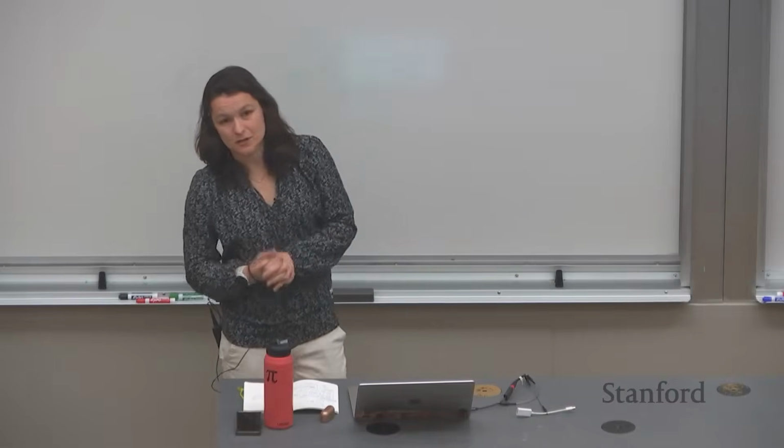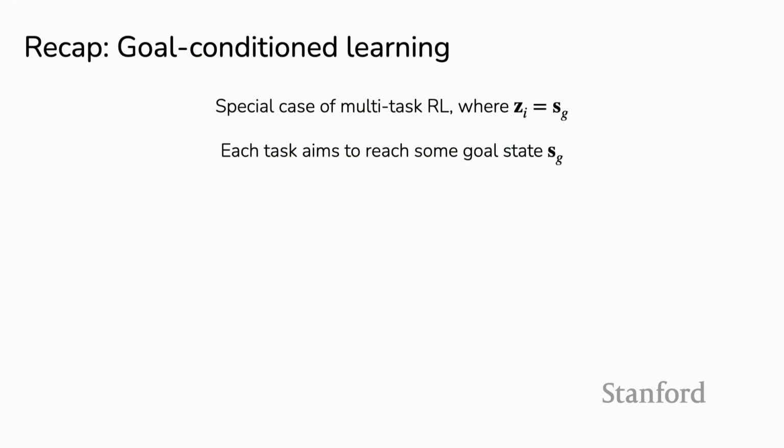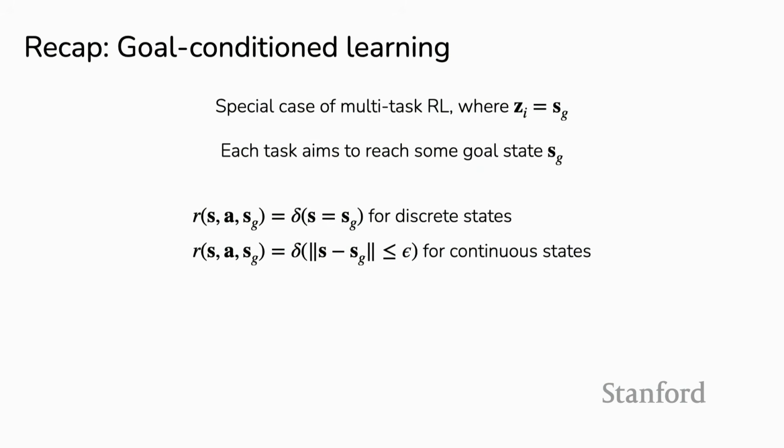Or if your state is a vector, you'll be passing in two vectors, and the task is trying to reach some goal state. And you can construct different reward functions, if you have discrete states or continuous states, for whether you reached that goal or reached close to that goal.